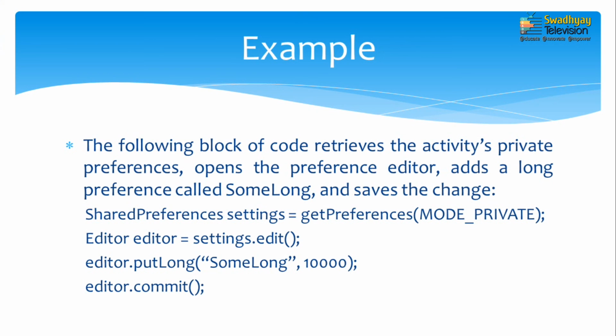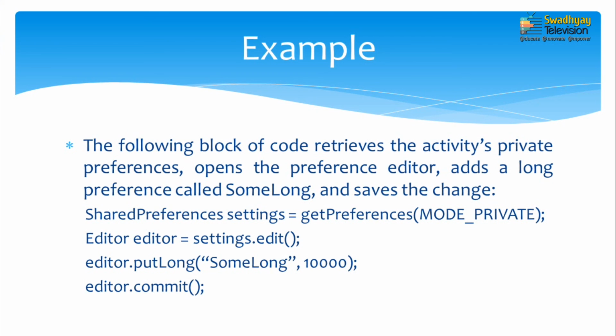So, here we write editor dot put long, where the first is the name of the preference, which is sum long, and 10,000 is the value stored for this preference sum long. Once you have put all these values, you can finally commit your changes by calling the editor's commit method.